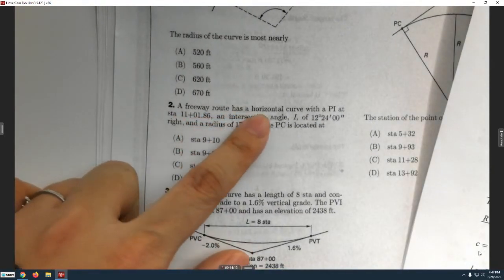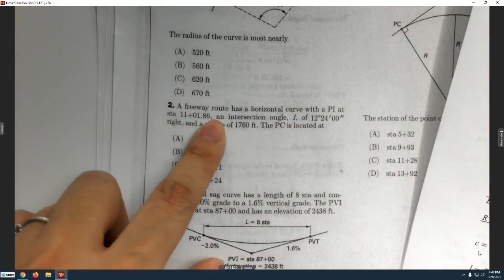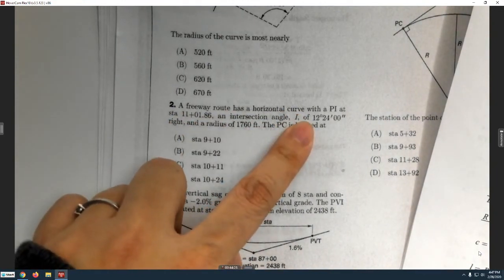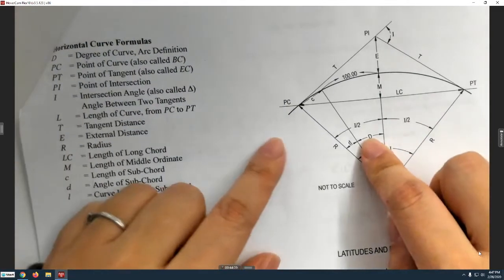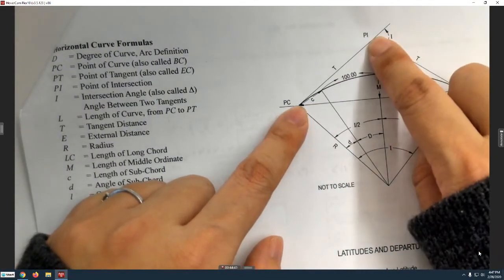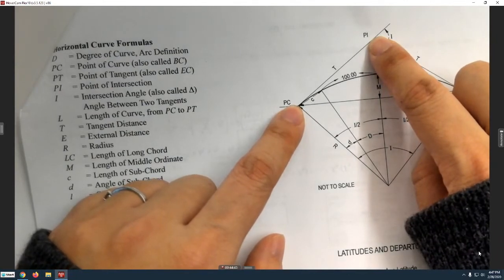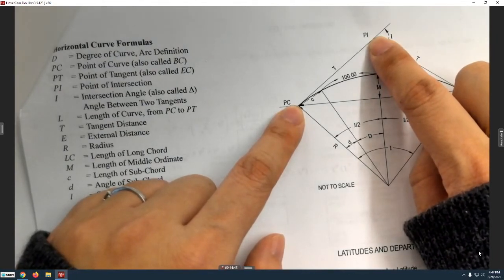Now, next one. Freeway route has a horizontal curve. Okay, horizontal again. PI station is given, I is given, and then radius is given. So it asks for PC. The relationship between PI and PC is PI equals the station number of PC plus T. Remember that?